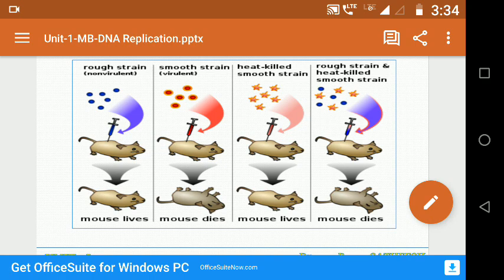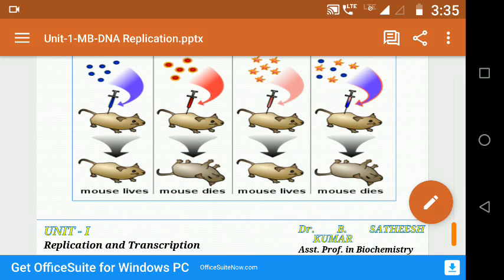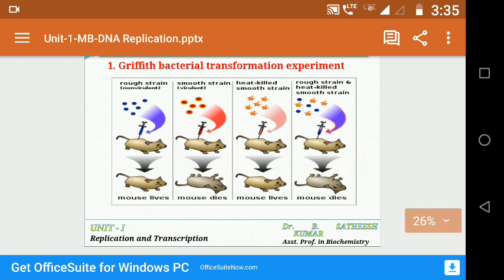Therefore, the rough strain is transformed into smooth strain and caused the pneumonia, resulting in the death of mice. So this is the first experiment which gave evidence that nucleic acids are the genetic material.